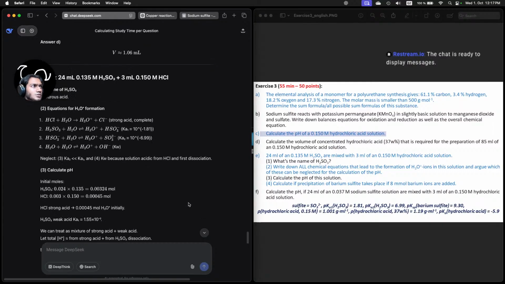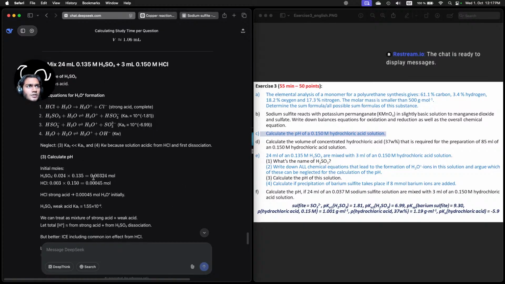Calculate pH. 24 milliliters of sulfurous acid mixed with 3 milliliters of hydrochloric acid. Now we gotta find the sulfurous acid number of moles, HCl number of moles, strong acid, weak acid.